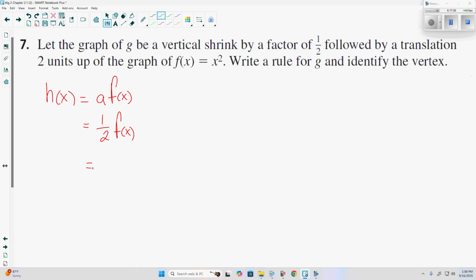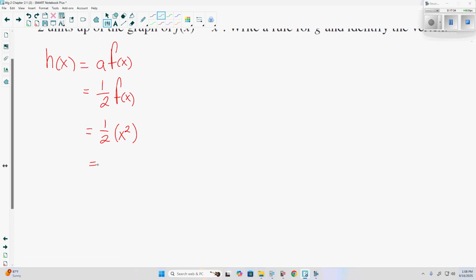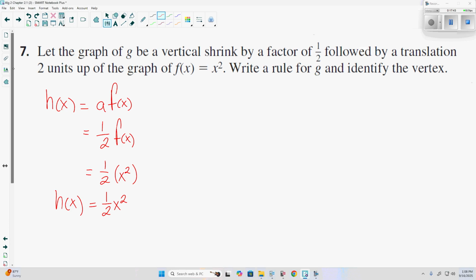Do we still have f of x? Yeah, so when we apply it to it, we're just replacing f of x with what it's equal to. And say we have 1/2 times x squared, which lo and behold is 1/2 x squared.